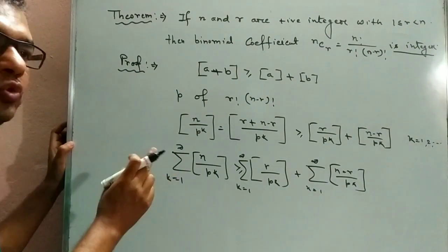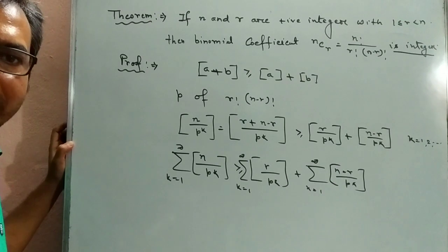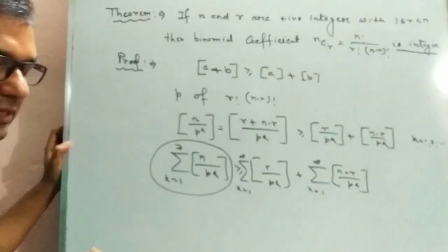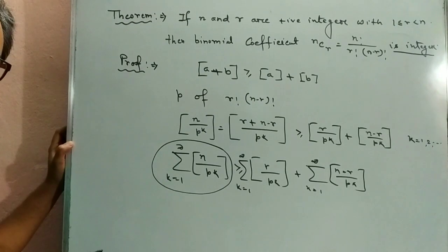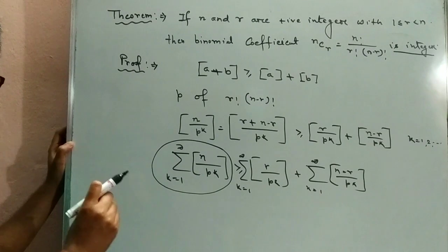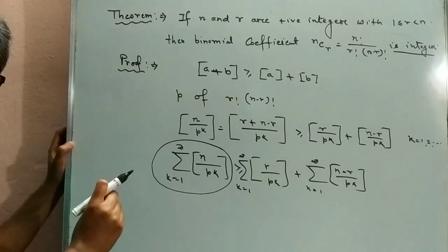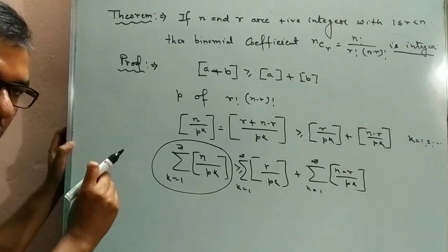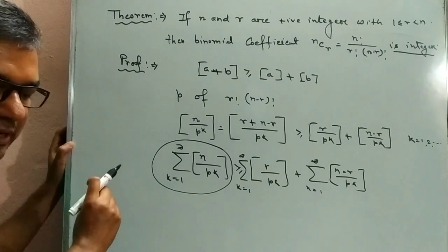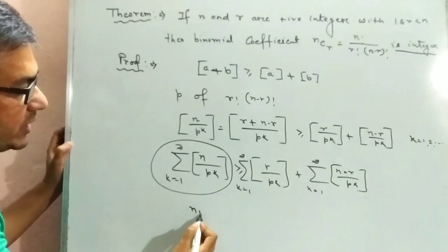And we know that the left hand side is the exponent of the highest power of the prime p dividing n factorial.